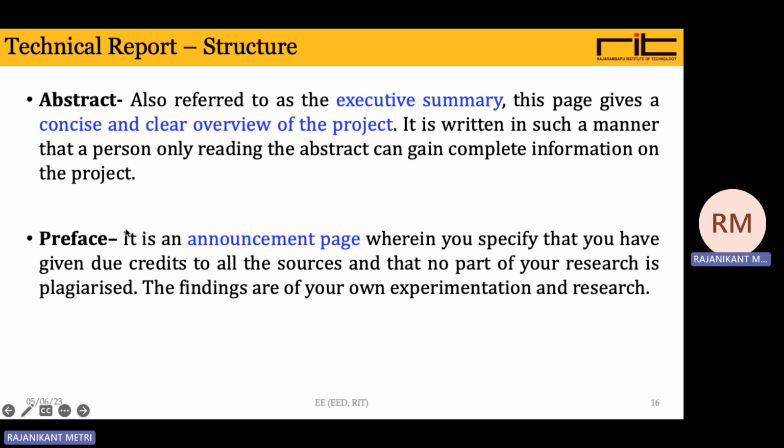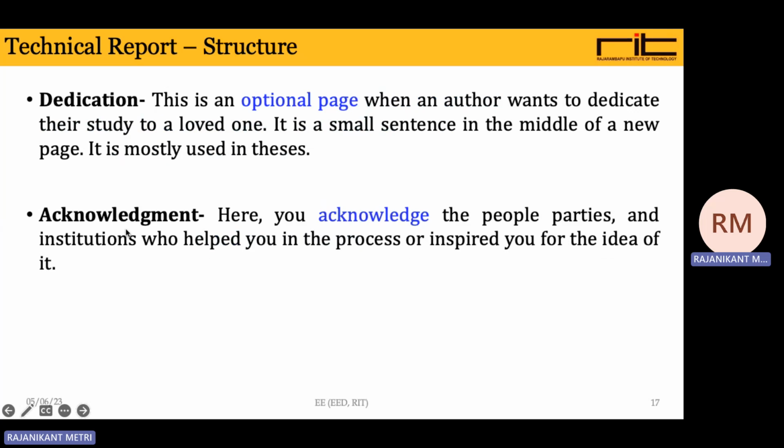There is an announcement page, an undertaking page. You may include a dedication or you may avoid this, but the acknowledgement page must be there, which acknowledges your mentor, supervisor, friends, and families who have supported you in your research work and who have inspired or motivated you.